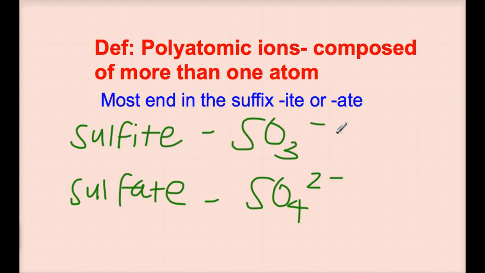Correct me if I'm wrong, I'm not quite sure if that's correct. But if you notice, it's polyatomic because I have an S and an O. Isn't that more than one atom? Here I also have an S and an O, but specifically I have 4 O's. So if you notice, many of our polyatomic ions will end with this word ite or ate. You're not going to need to memorize these because you do have your ion sheet to make reference to.